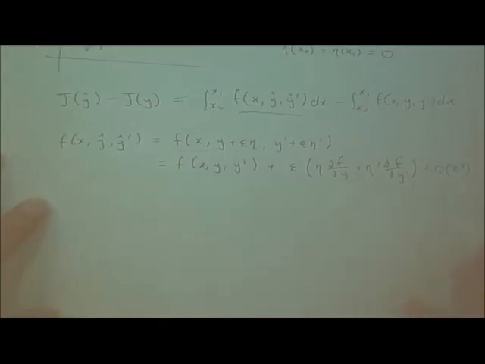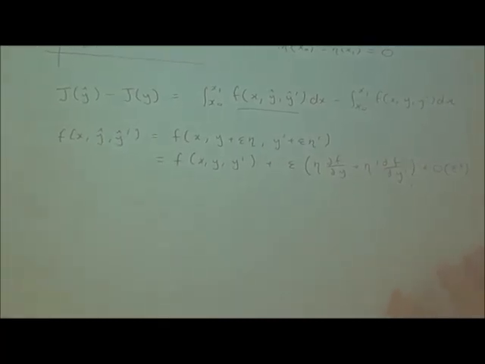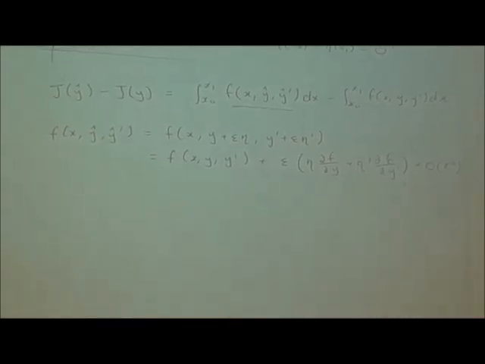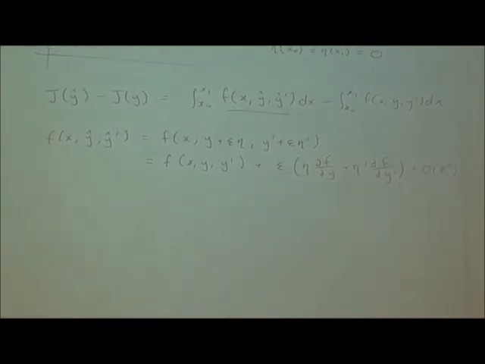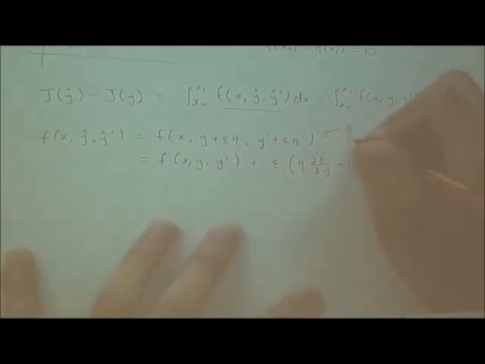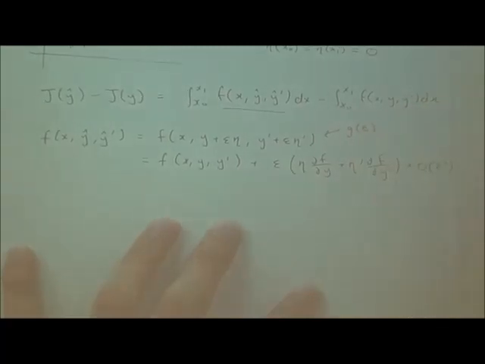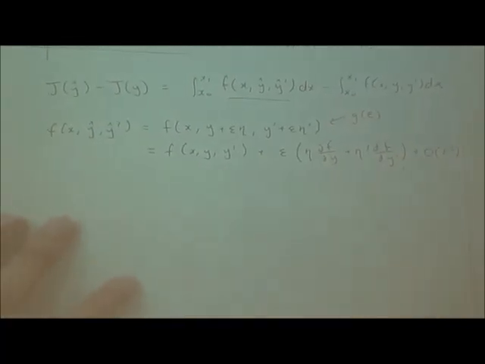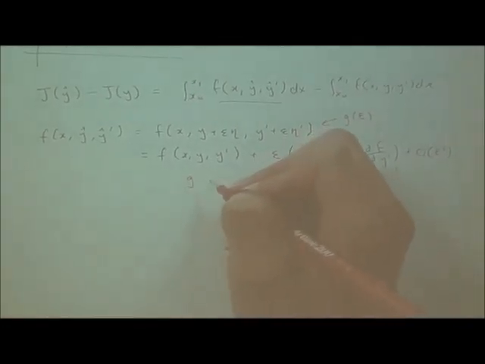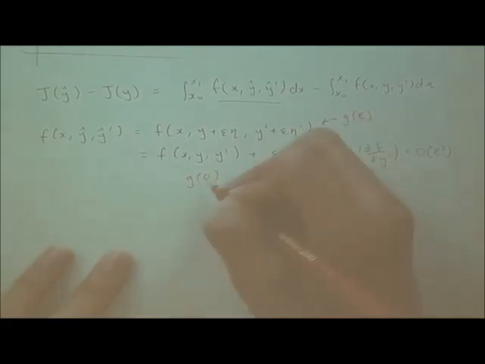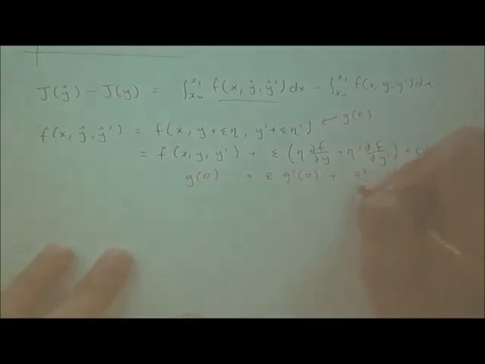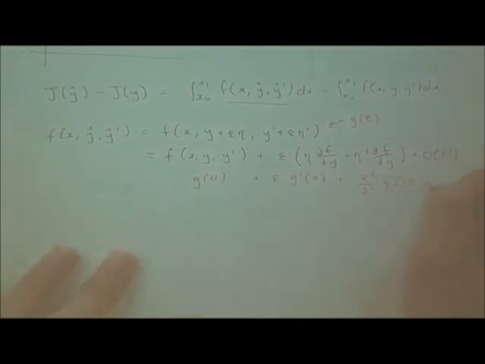Does anyone have any questions about this expansion? Or very comfortable? It might be good to actually explain where this comes from. If we fix x and eta, then we can consider this function as a function of epsilon only. And if we do that, the Taylor series expansion for a function of one variable about epsilon equals 0 is going to be g of 0 plus epsilon g prime 0 plus epsilon squared on 2 factorial g double prime 0 and so on.